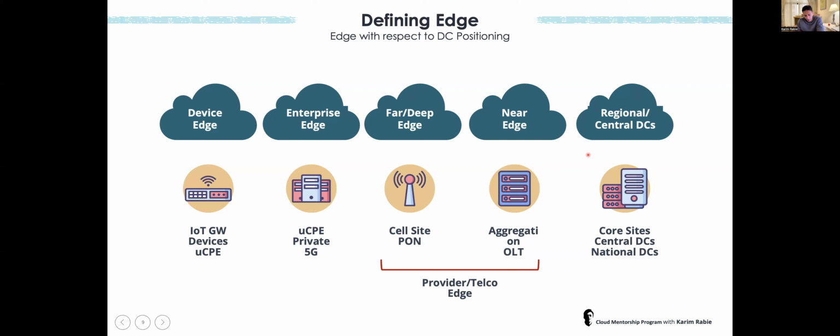So if you want to provide a certain service to Upper Egypt and the south, and that service requires 2 milliseconds, for instance, then there's no way they can take this service from the Cairo data center. Then you need to build a data center in Upper Egypt.